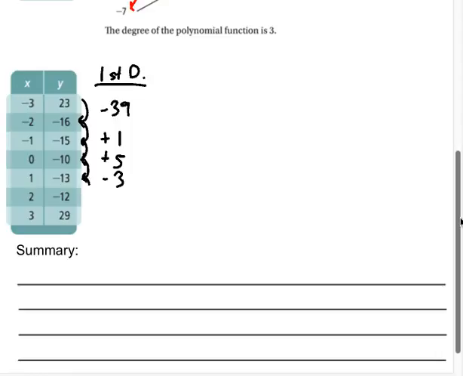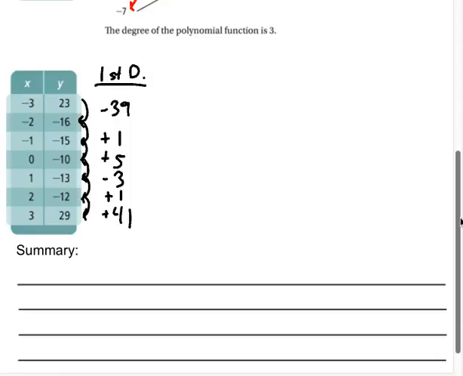For negative 13 up to negative 12. And then negative 12 up to positive 29, we'd have to add 41. So here we're just going through tracking what do we need to do to go from number to number, okay, finding those differences.